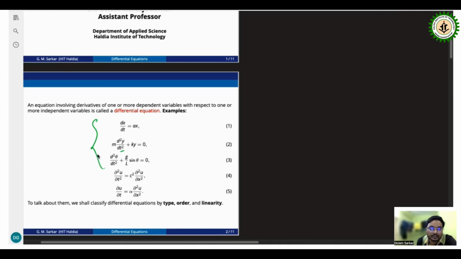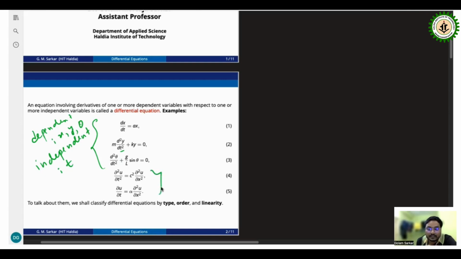For all these three equations, the dependent variables are x, y, and theta, and the independent variable is t only.